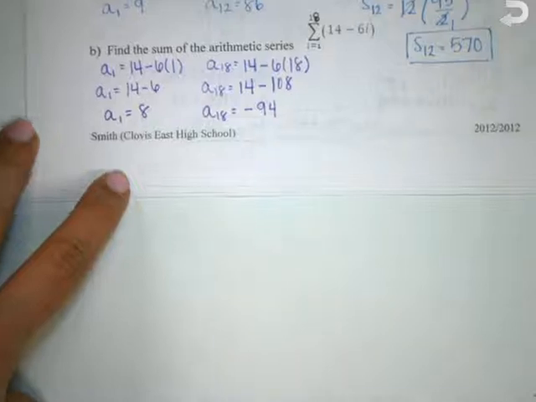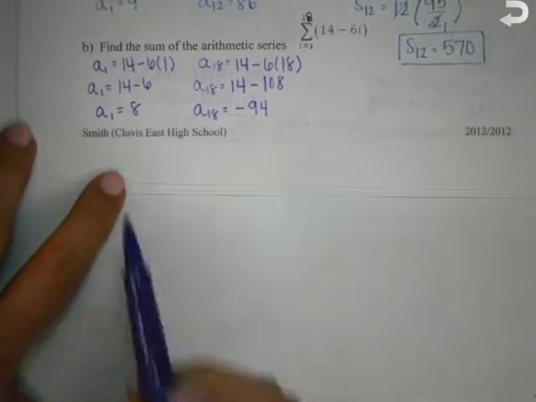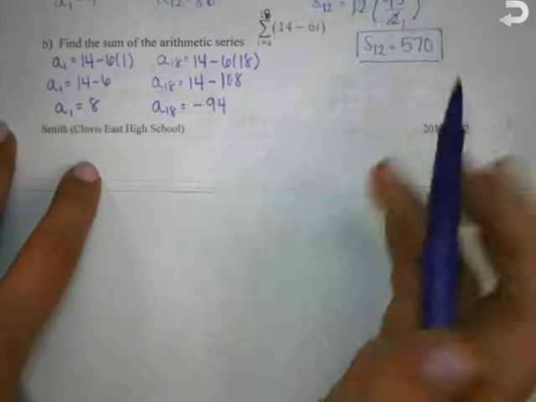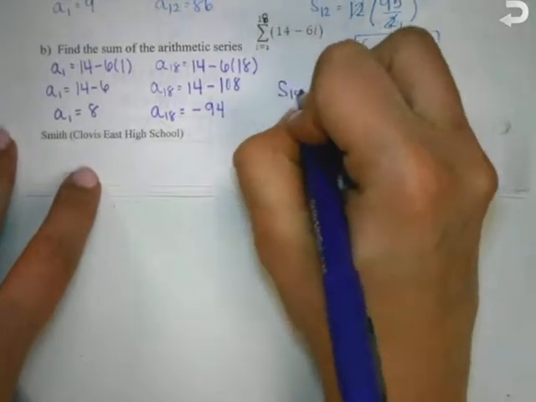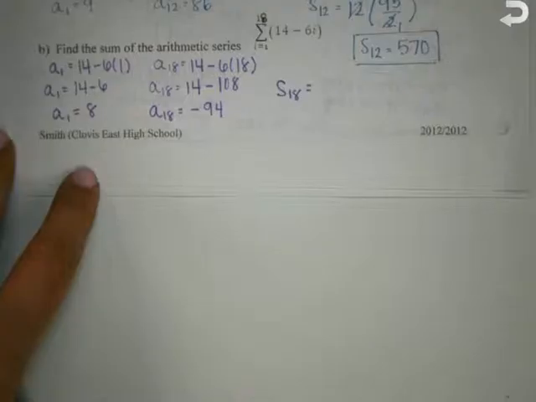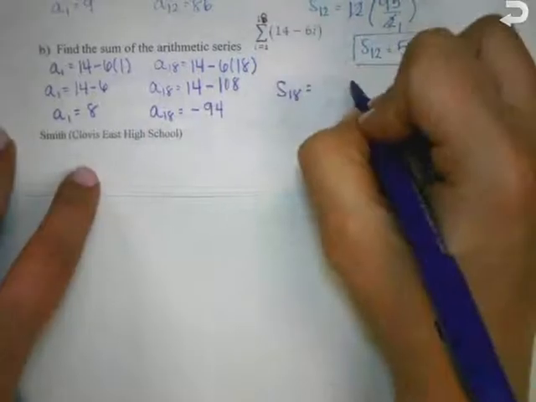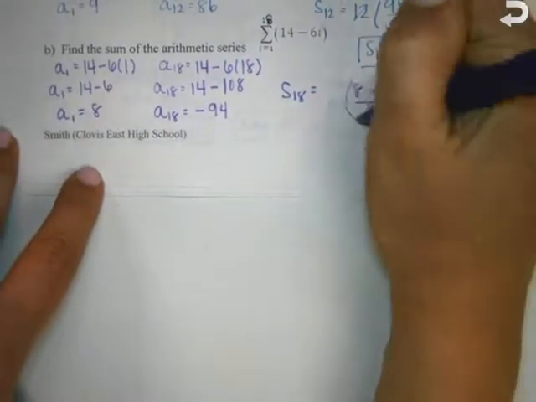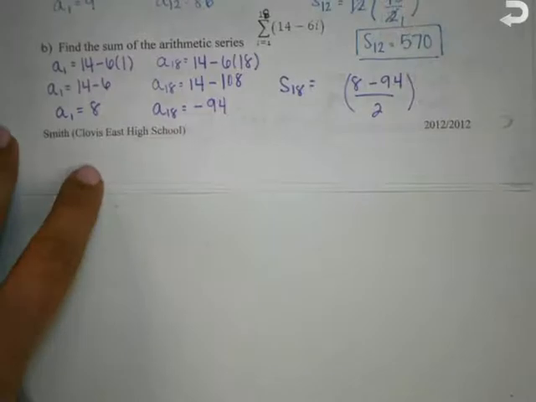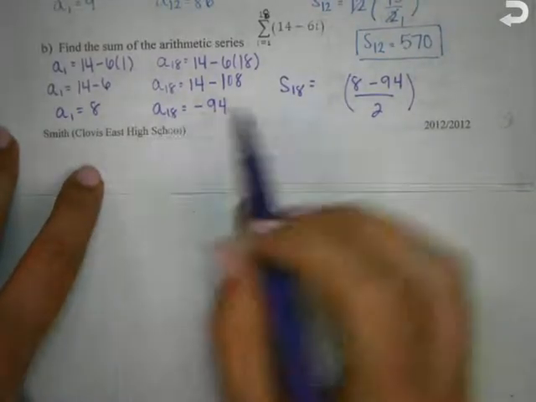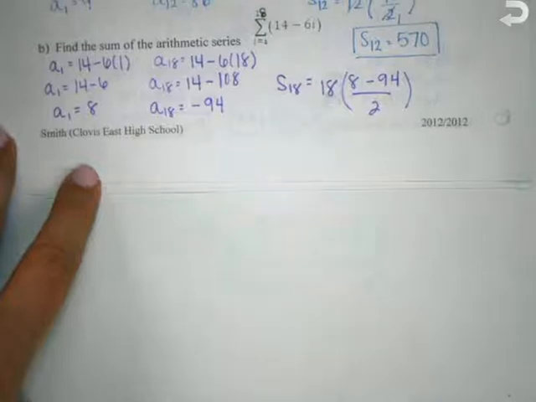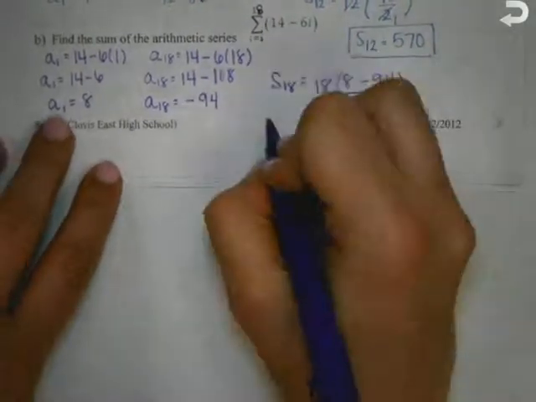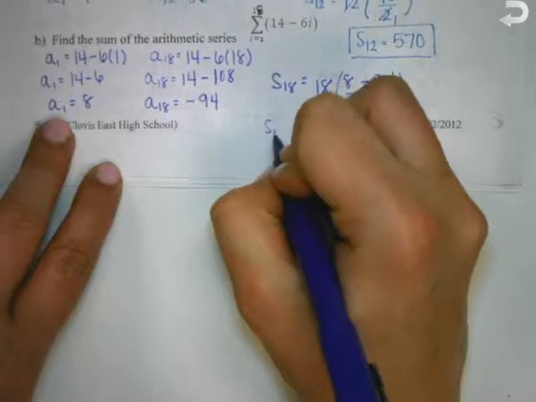So the sum of the first 18 terms, we take the first and last terms and find their mean, so we add them together and divide by 2, and then multiply by the number of terms. The number of terms we are adding is 18. So S sub 18 gives me 18 times negative 86 divided by 2.